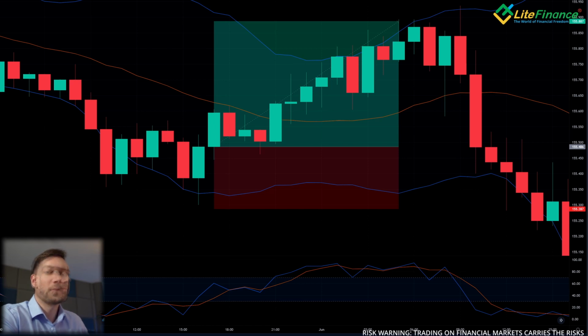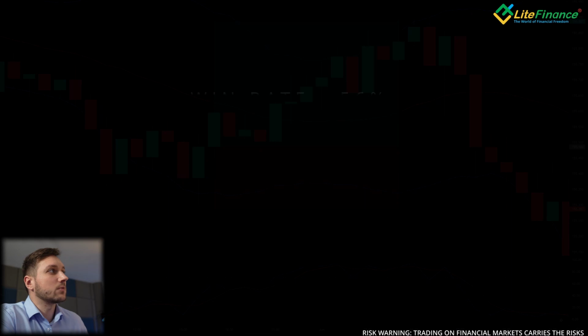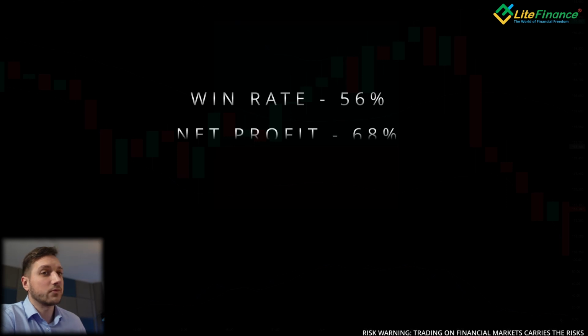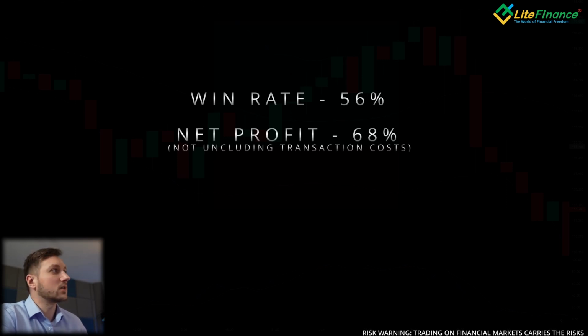So for a 100 trades backtest, the win rate is 56%, which means out of 100 trades, 56 were profitable. If we traded with the 2 to 1 risk reward ratio, risking 1% of our deposit every time to obtain 2% of profit, it would bring us 68% profit, and the time frame of this was around 8 to 9 months.